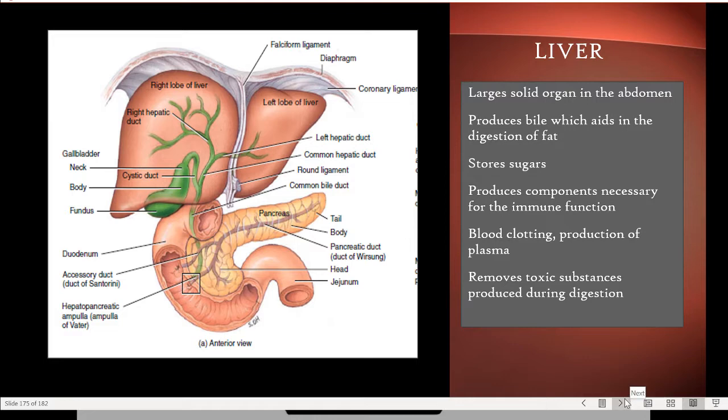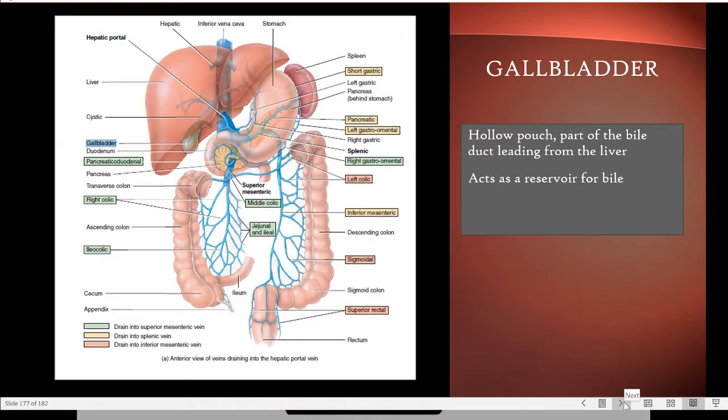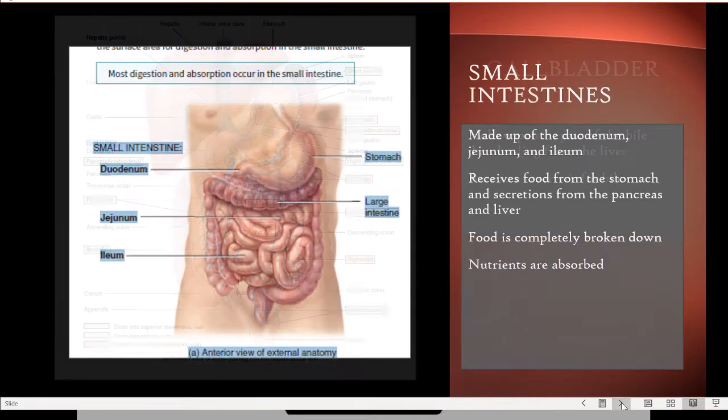I just want to mention about the integumentary system, its function, the protection of the skin. We get that protection against bacteria and other organisms. And when we talk about the abdominal organs, we just kind of need to understand their functions.